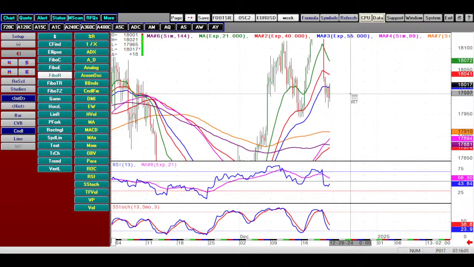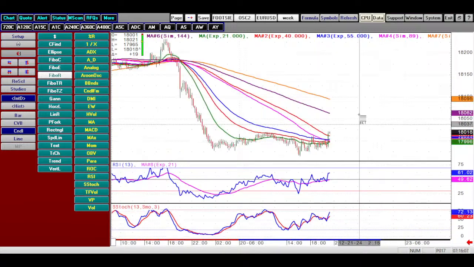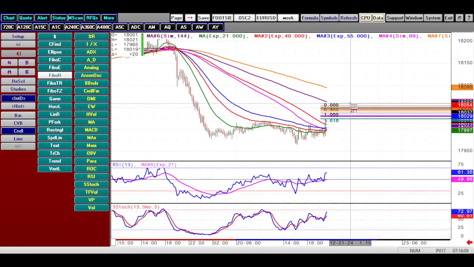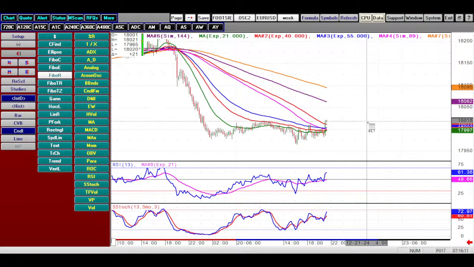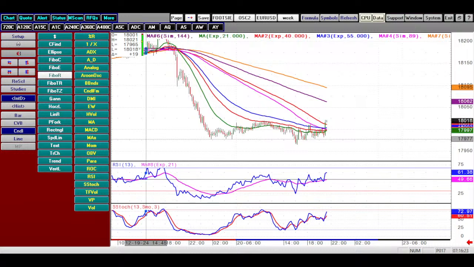Then if we see this price 8050, then the fallback should be 8020 should be the support. So your current day high is 8020.